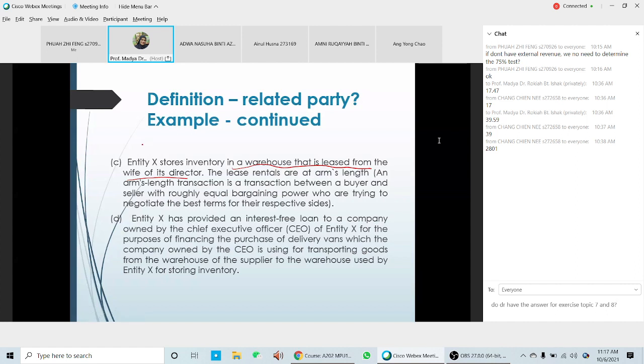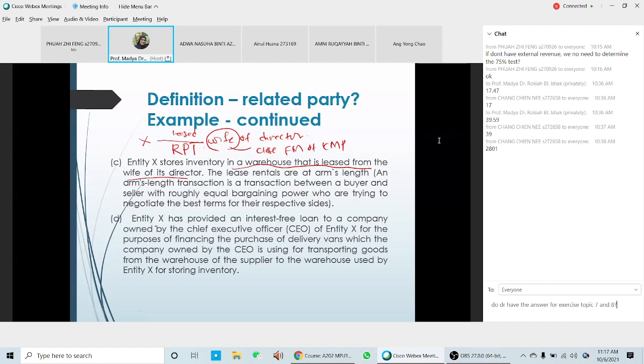So X has a lease with the wife of the director. The wife of the director is a close family member of key management personnel. So this transaction is considered a related party transaction, because it is dealing with a company owned by the wife of the director.